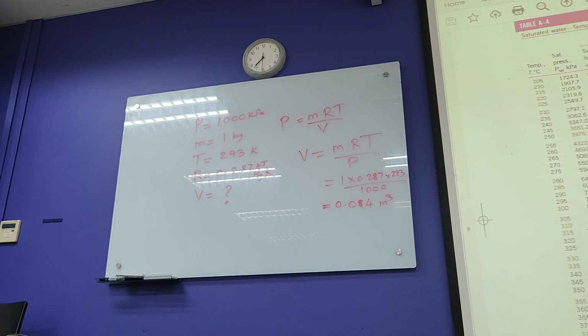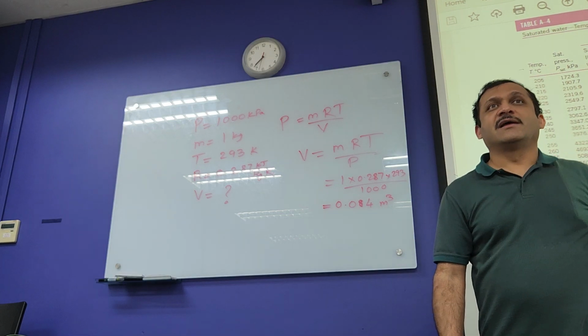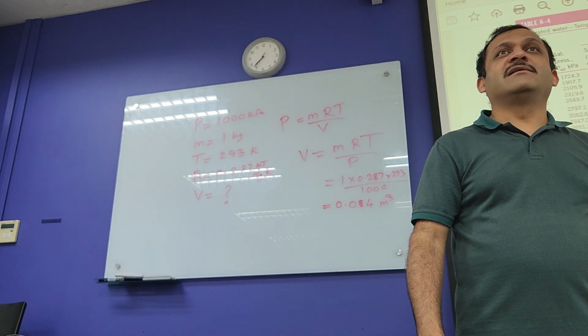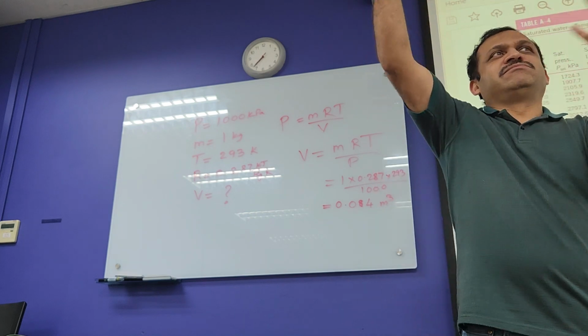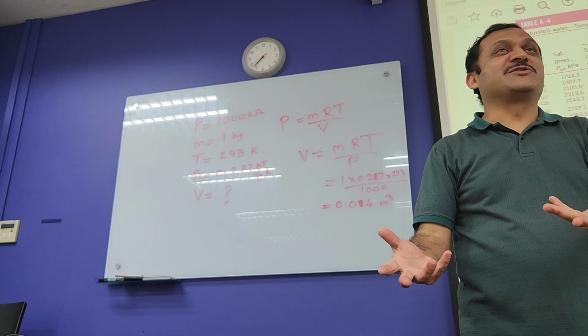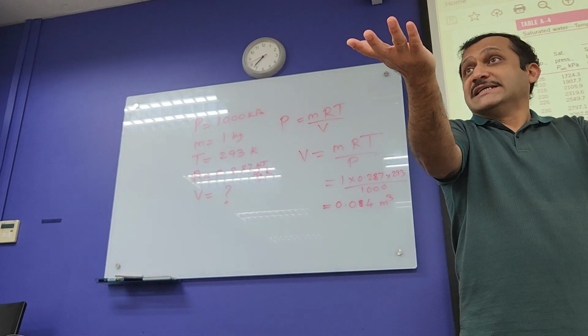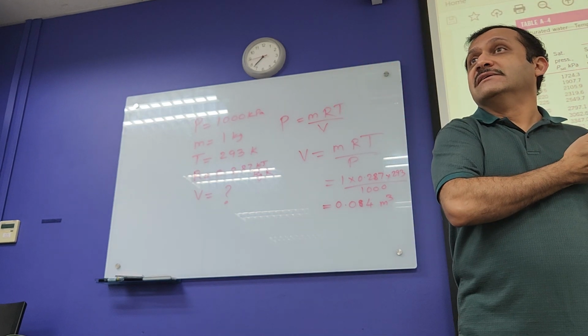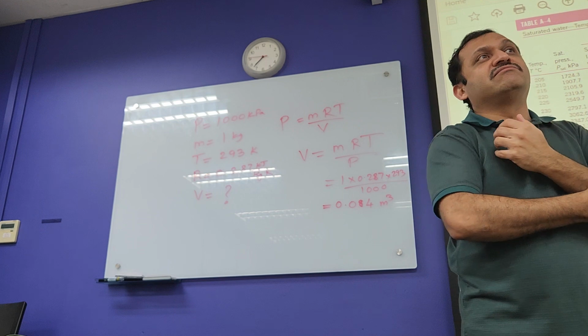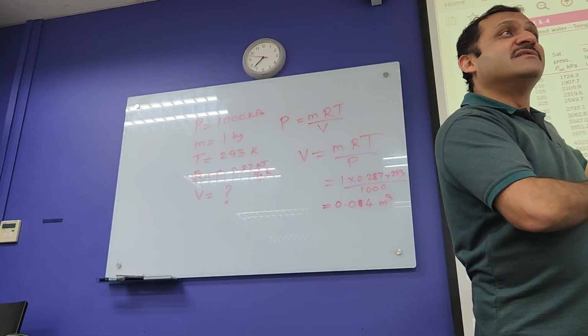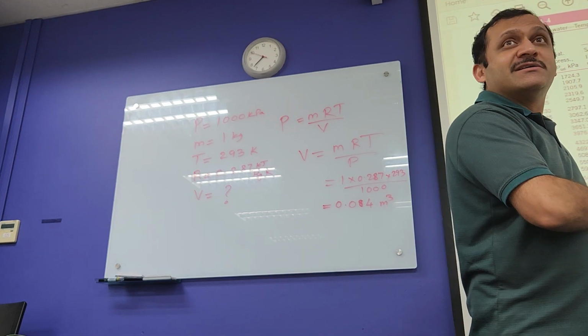Now, do you know how these tables were formed? It's not like they grow on a tree or something. It's like you guys, engineers, are developing these. Engineers in maybe the 1800s developed these numbers for water.